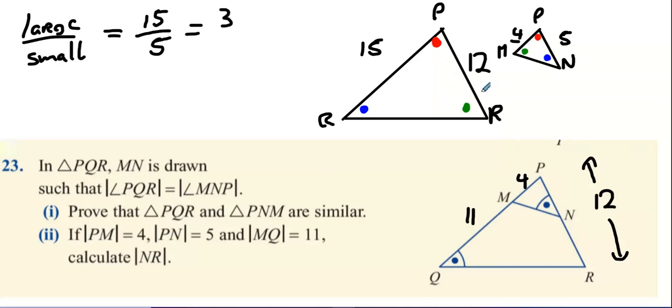That means the other red to green is 12. That makes that 12. We know PN is 5, so what does that make NR? NR, guys? 7, isn't it? Because 7 plus 5 has to equal 12. So NR is 7. Is that right? Cool. All right, that's what's done on this exercise.